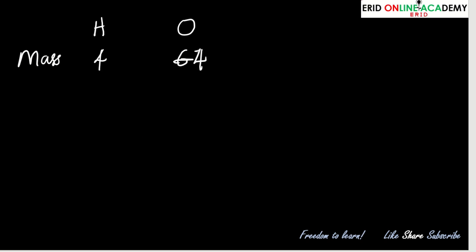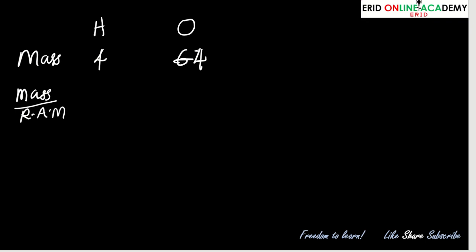The next thing, in order to calculate the empirical formula, and you have to listen carefully, is to divide the respective masses by the relative atomic mass of each of the elements. So the next step will be your mass divided by the relative atomic mass of the individual element.